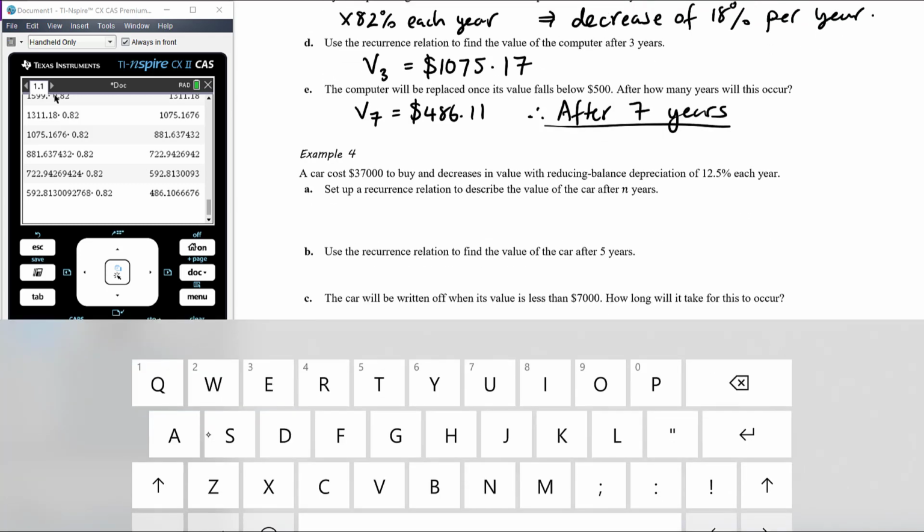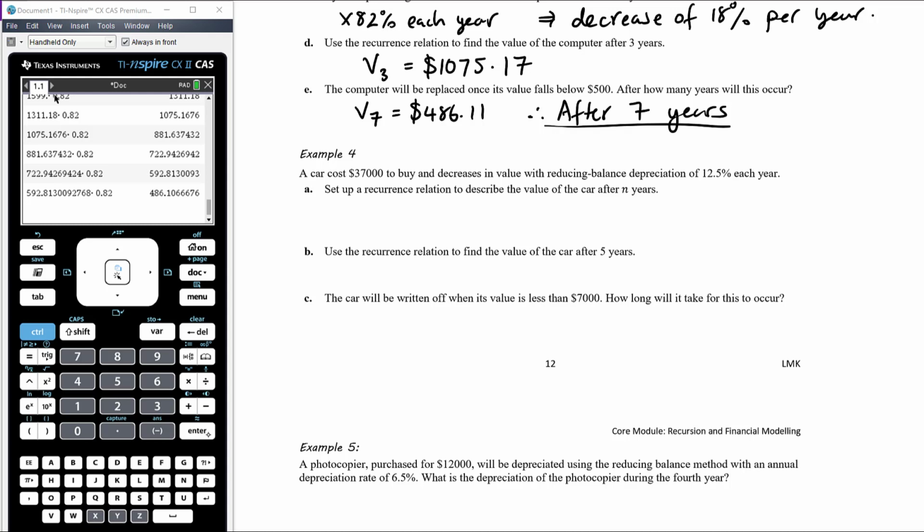Example 4. A car costs $37,000 to buy and decreases in value with reducing balance depreciation of 12.5% each year. Set up a recurrence relation to describe the value of the car after n years. Okay, so V0 is going to be 37,000, and then we're going to have Vn plus 1 is something times Vn.